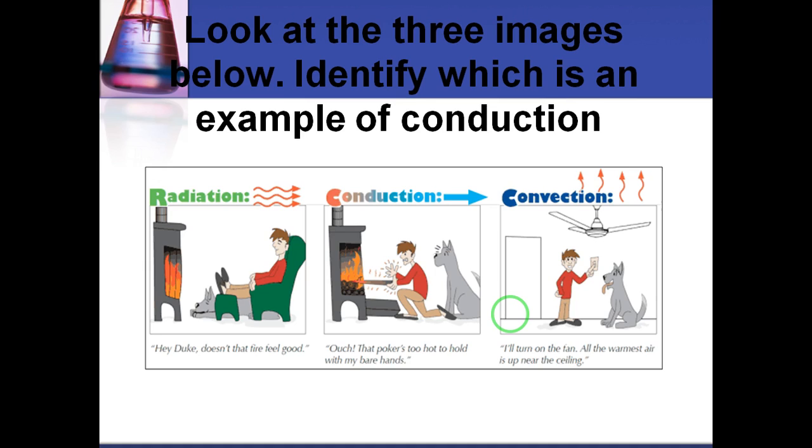It's cold outside, so you sit in front of your fireplace, and that fireplace emits radiation, right? Conduction is when you poke your fireplace using a metal rod. For convection, it's really hot outside and really hot inside your room, so you turn on the fan. There's a movement of the current, and that is called convection.